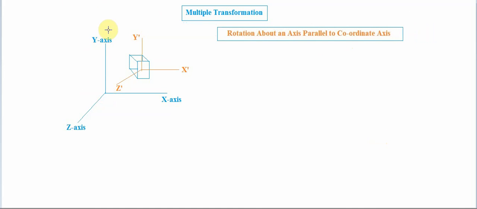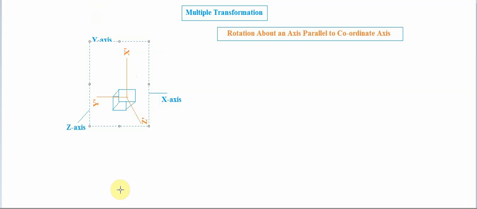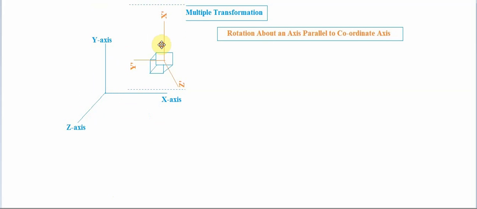So let's see, we'll have this one object, fine. So first what we need to do is put it here, right? And then we need to perform the rotation, right? And then again come back to its original position, right? So these are the steps, right? Are you getting my point?